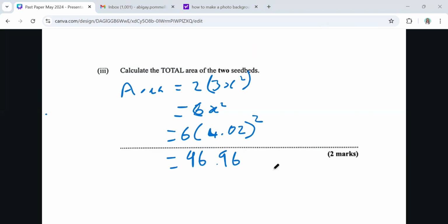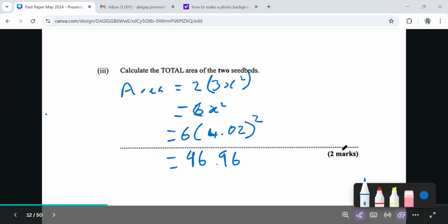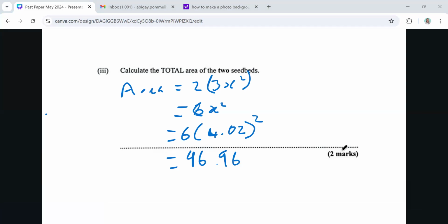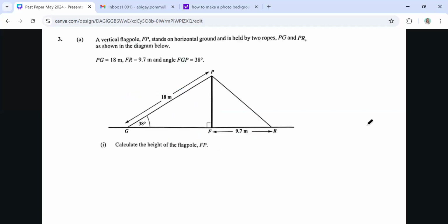All right, so that is the last of number 2. We're going to move on to number 3. A vertical flagpole, FP, stands on horizontal ground and is held by 2 ropes, PG and PR, as shown in the diagram below.